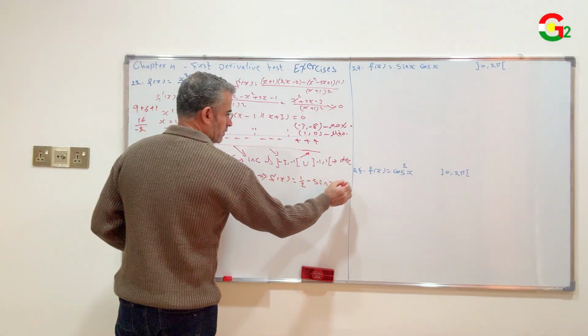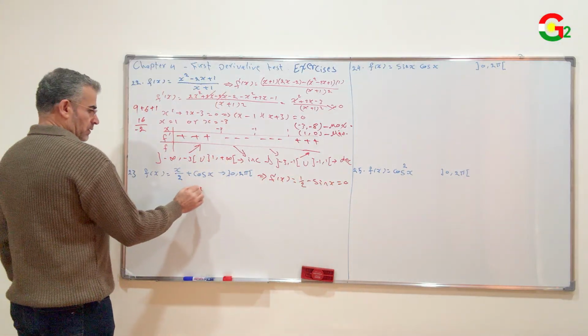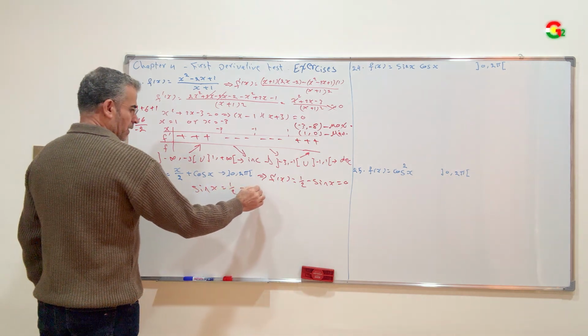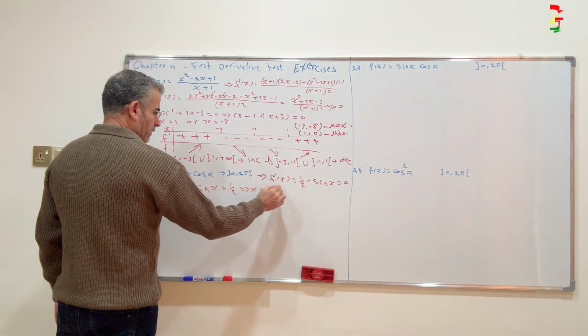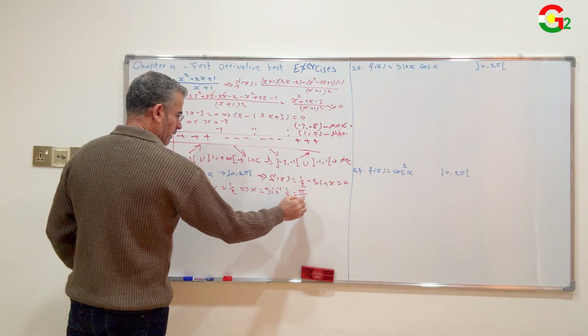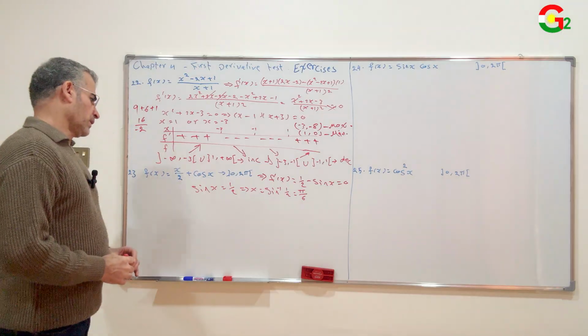Set it equal to 0. Then sine x equals 1/2, so x equals sine inverse of 1/2, which is pi over 6 from the calculator.